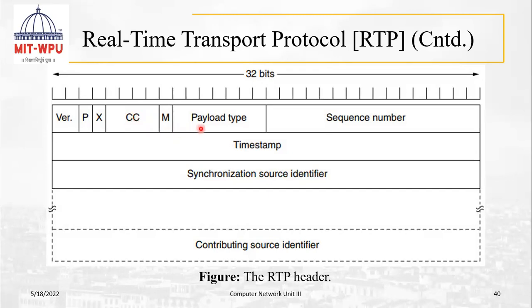Then what kind of medium you are using, what is the payload type, is it an image, is it video, or is it live streaming. Then the sequence number, the timestamp, and the synchronization source identifier.